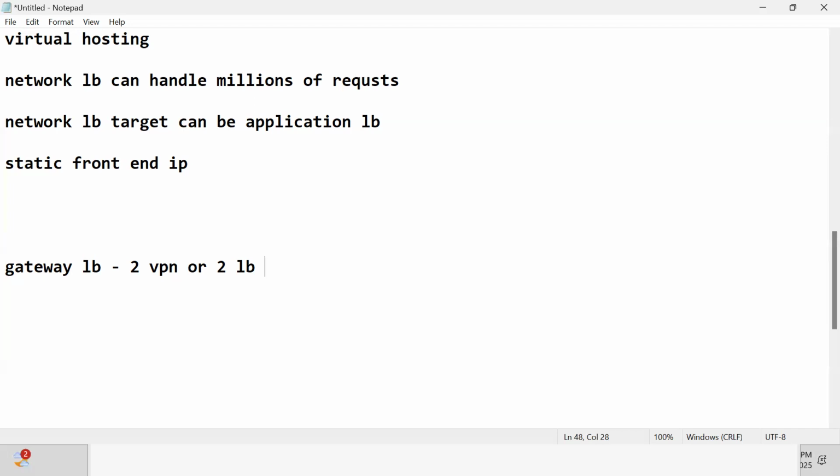HTTP and HTTPS level is supported by the application load balancer. The Cognito integration is also supported by the application load balancer itself, along with path-based and URL-based routing.